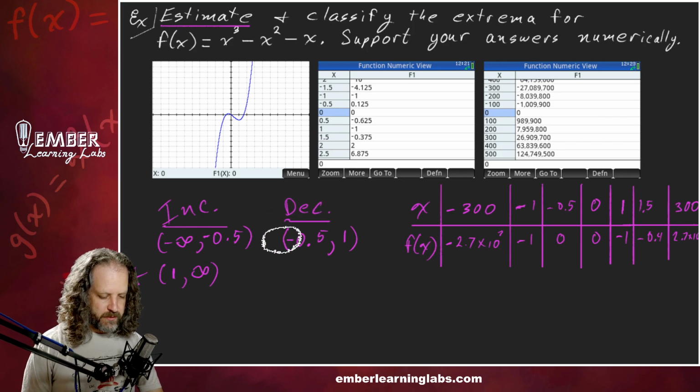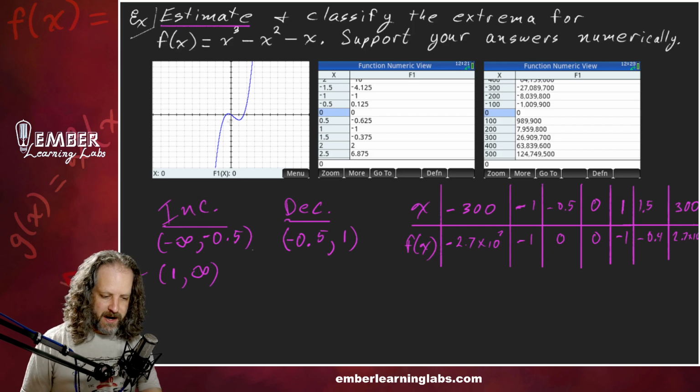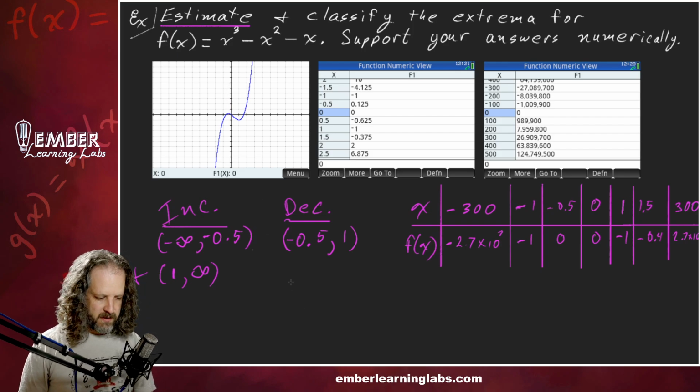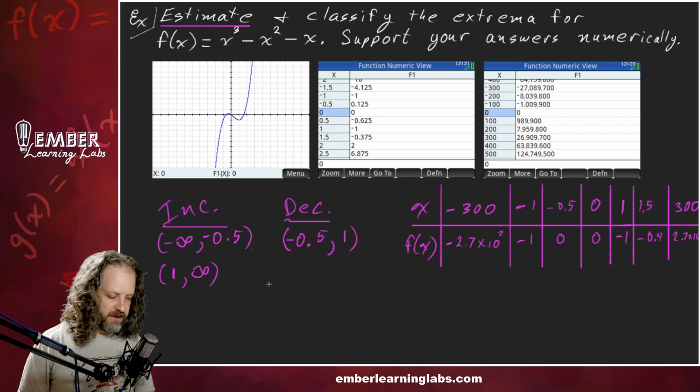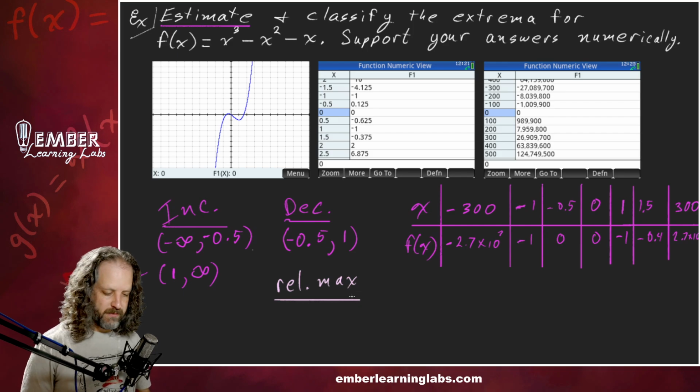Let's change our labels, or let's at least add a label. So this point right here is nothing. But at this point right here, the relative maximum, relative max, we just added extra information to this problem. It's no problem, no big deal.